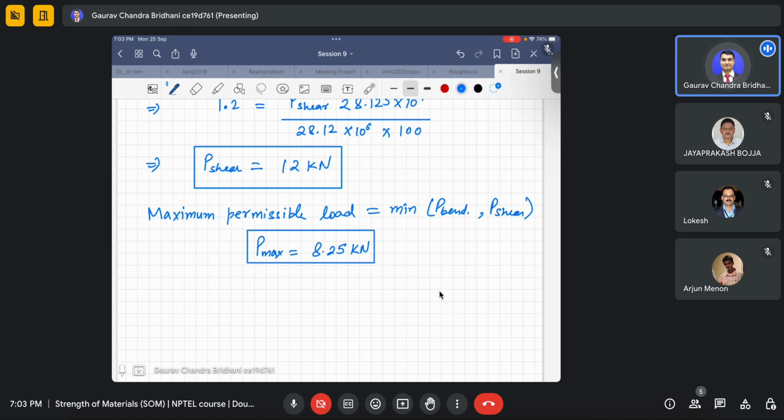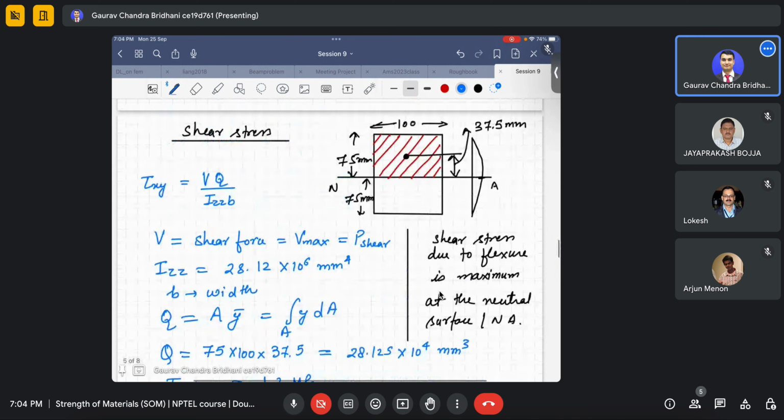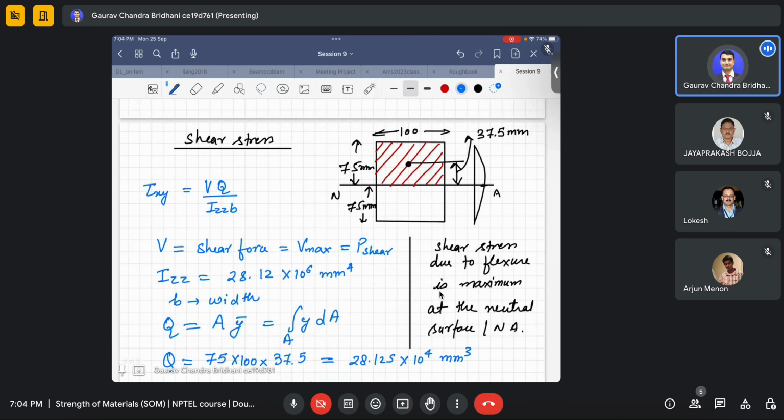In a similar manner, if we design also, we follow the same procedure, just that in that case we don't know the exact value of the depth and the width. We have to fix that.